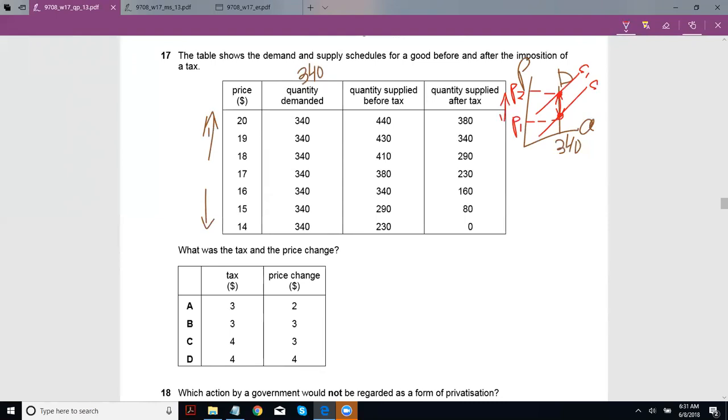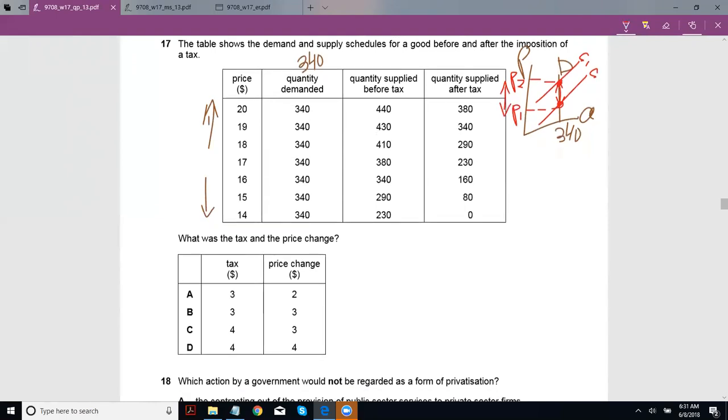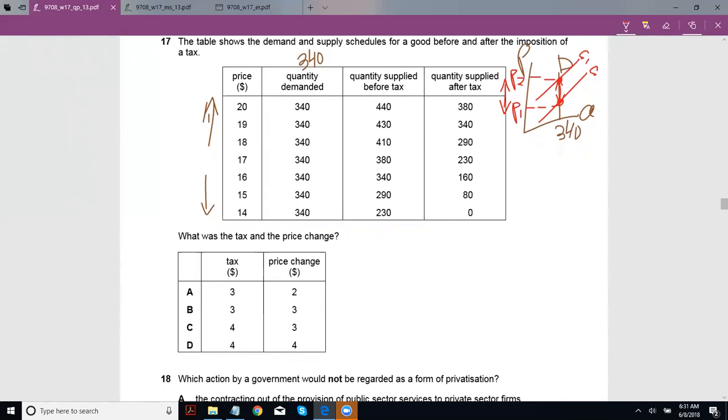It's finding the difference between the two price levels that will give you the per unit tax. So to find the two price levels, you have to find the two equilibriums. The old one is this. Again, remember, equilibriums are where your quantity supplied and quantity demanded are equivalent to each other.